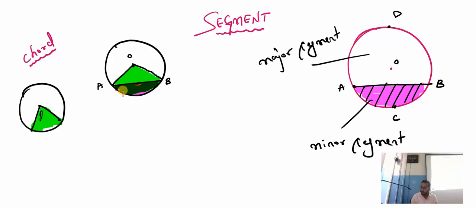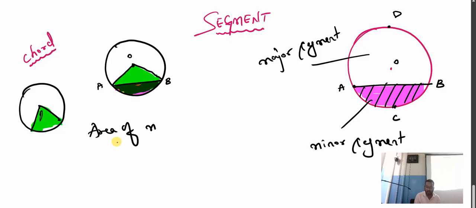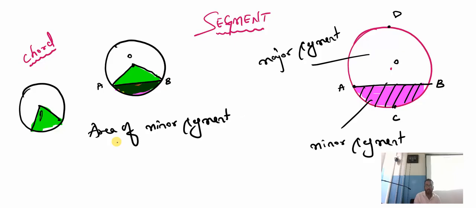To find only this region, to find the area of the minor segment, first we have to find the area of the sector. First we have to find this complete area.